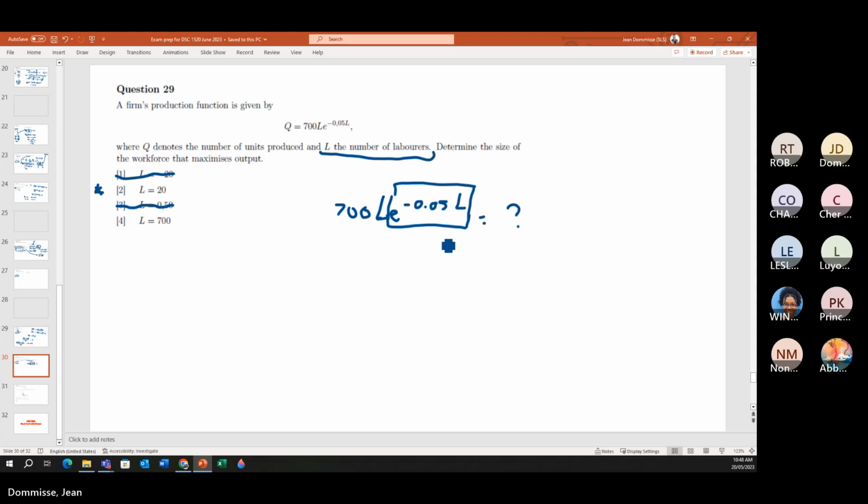Well, I just put the derivative function of this in a smart calculator. Oh, can you do that? Yes. And your answer was 20. Oh my word.